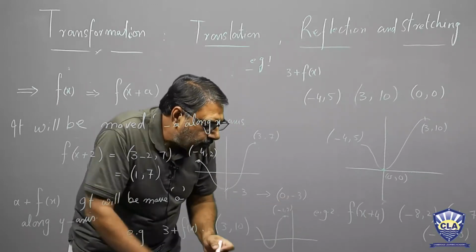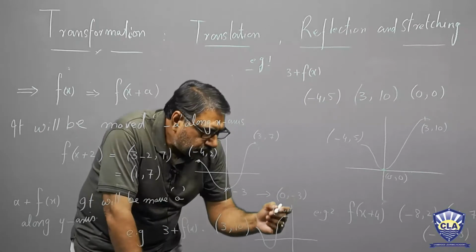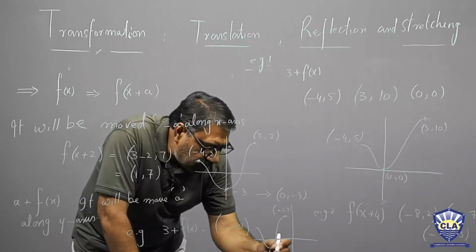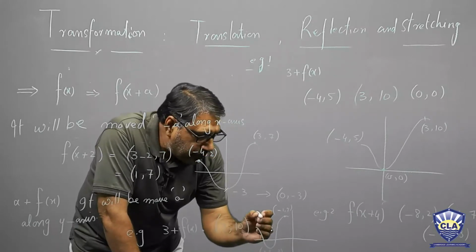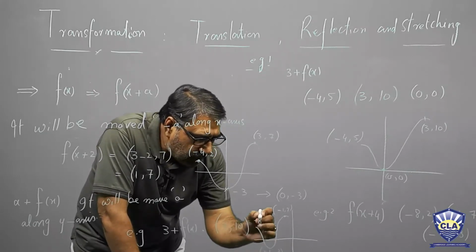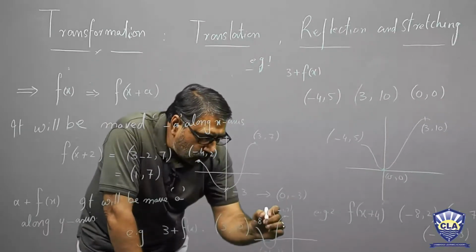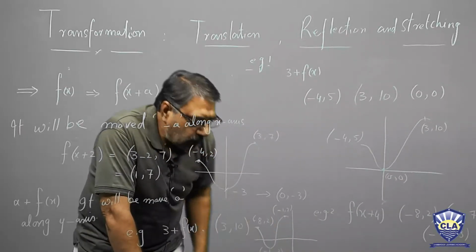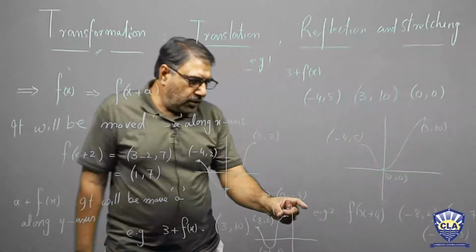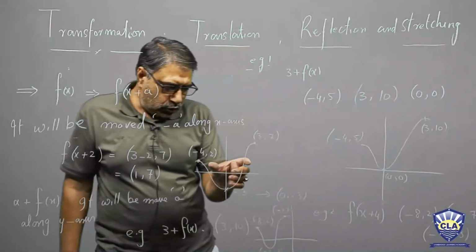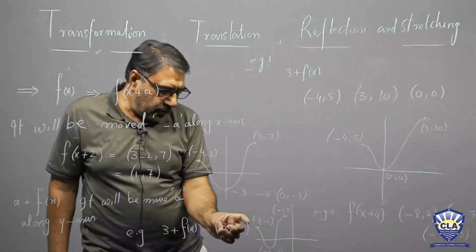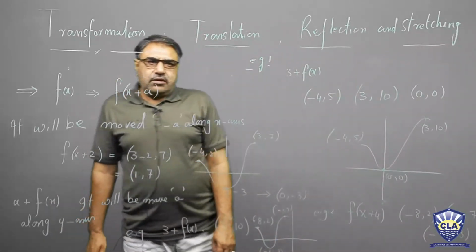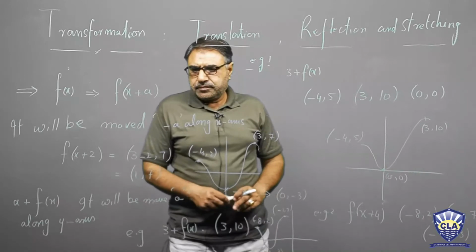And this point becomes minus 4, comma minus 3, and this point becomes minus 8, comma 2. So the curve will be moved to this side. Okay, it is the first one, translation.